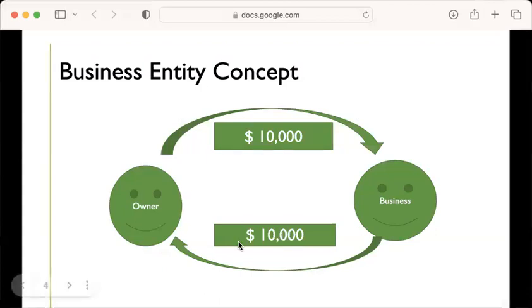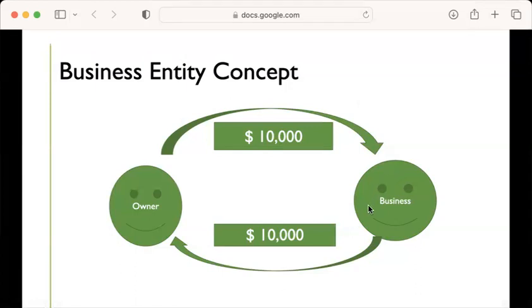Now you see, if you look at this, there was only one thing that happened. These things that happen in a business, in accounting, are called transactions. So actually, there was just one transaction that occurred. What's that? The owner setting up a business by investing 10,000. But we realize two effects of that. We realize that the owner gives 10,000 to the business.